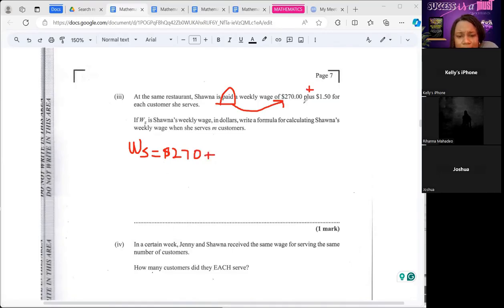So add $1.50 for what? For each, or it is for every customer she serves. And they said use M to represent the number of customers. So we have M here, and that's all you had to do to get the one mark.